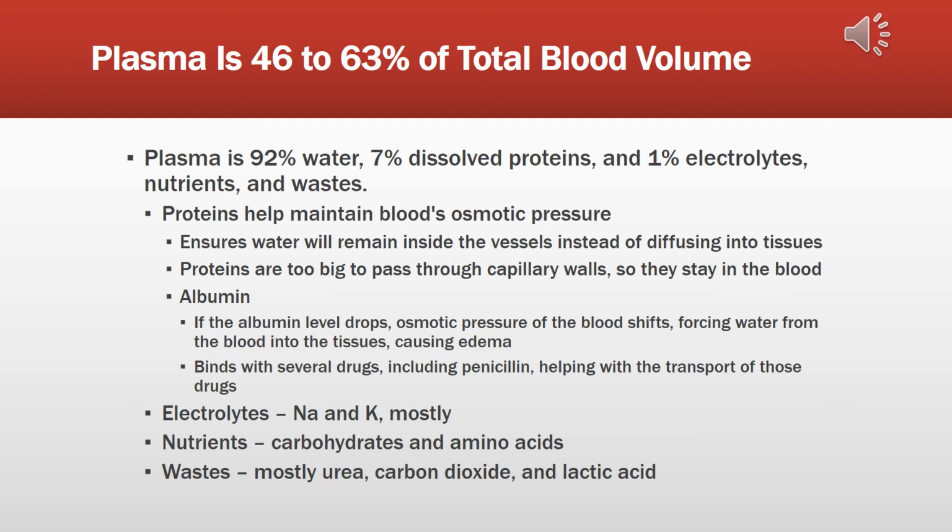Nutrients in plasma include carbohydrates and amino acids, and the wastes are mostly urea, carbon dioxide, and lactic acid, which is produced, of course, as a byproduct of exercise. And urea is just a nitrogenous waste, and we'll talk about that more in an upcoming chapter.